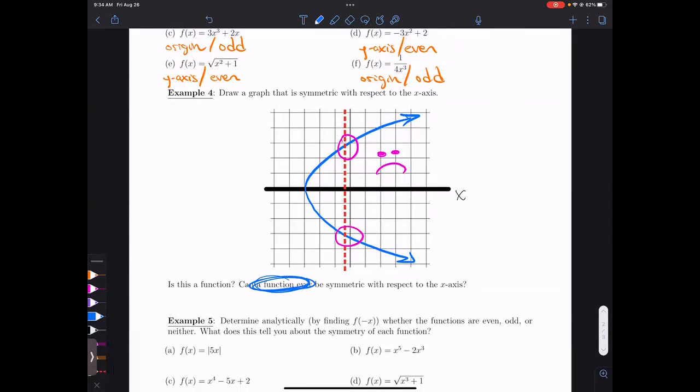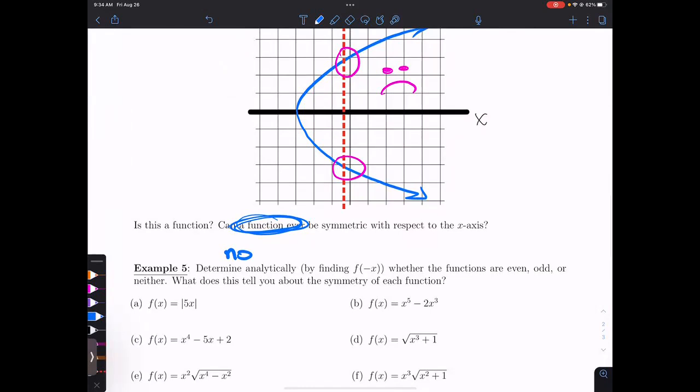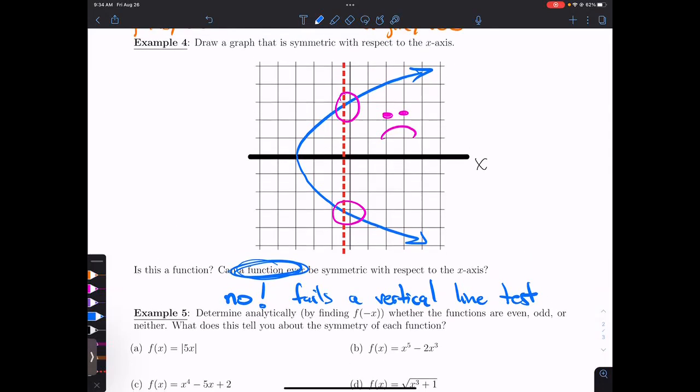No, right? Because if it has that symmetry, it would have to fail a vertical line test. Not sure if I spelled the word vertical right there or not. Or if I just don't know how to make my letters.